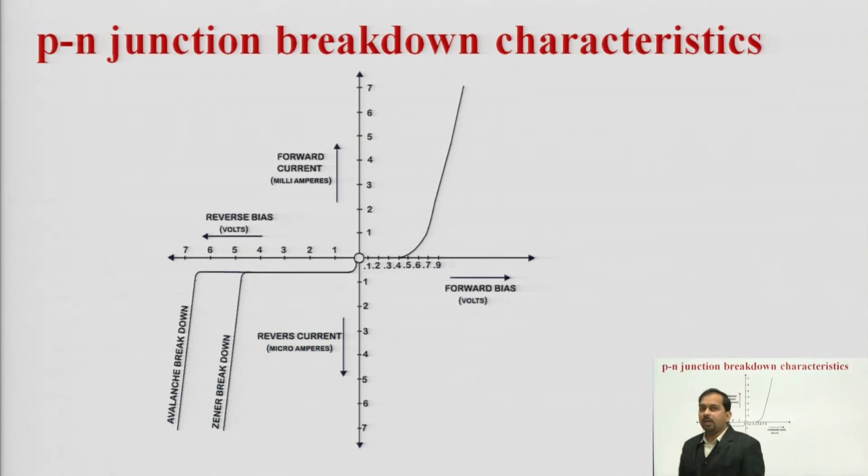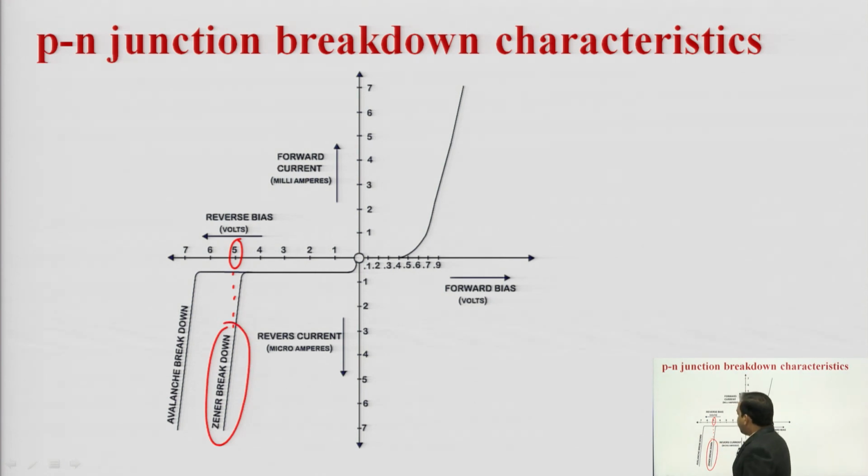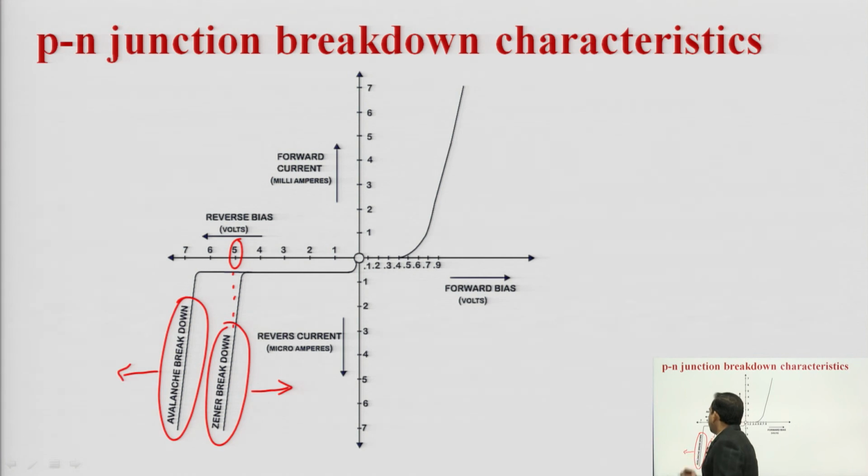Now, here we can see clearly the characteristics for both the breakdowns. Up to a voltage of -5, we will have a breakdown known as Zener breakdown, and after that, if we increase the voltage further, the breakdown voltage increases further, and another phenomenon known as the avalanche breakdown effect comes into the picture. As temperature increases, this curve will shift towards this side, whereas the avalanche breakdown voltage will shift towards this side.